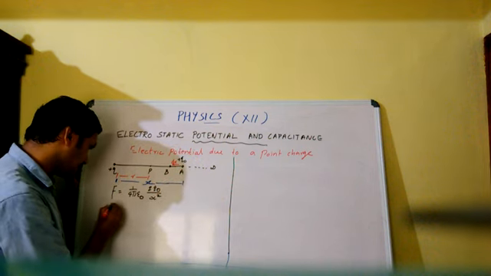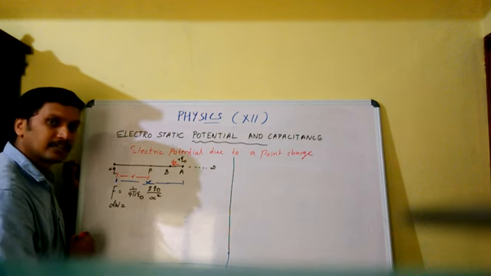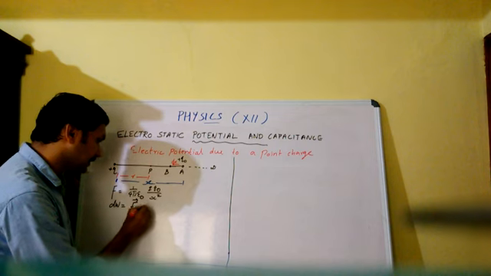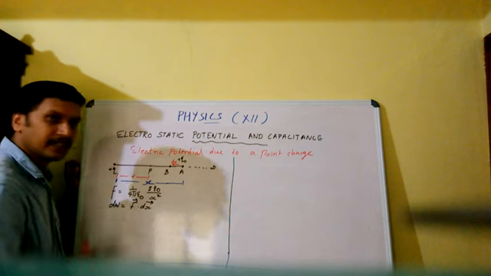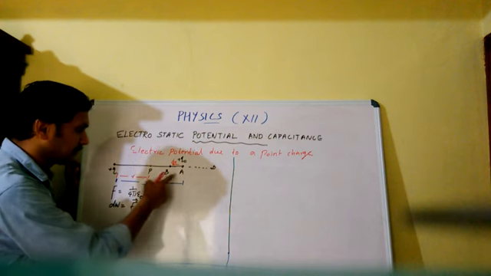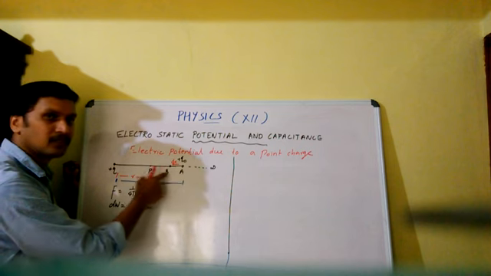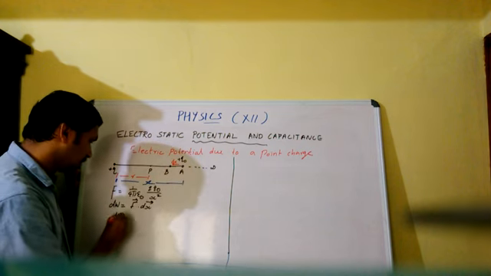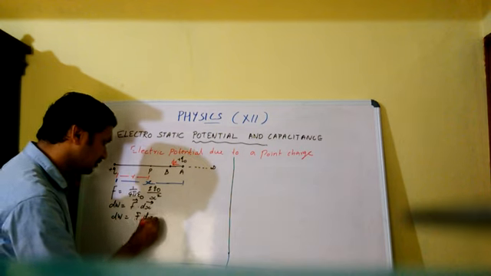The small work done dw is equal to F dot dx. Work done is equal to F dot dx. dx is a very small displacement from A to B. F is the minimum force required to move. So the small work done is equal to F into dx into cos of the angle.